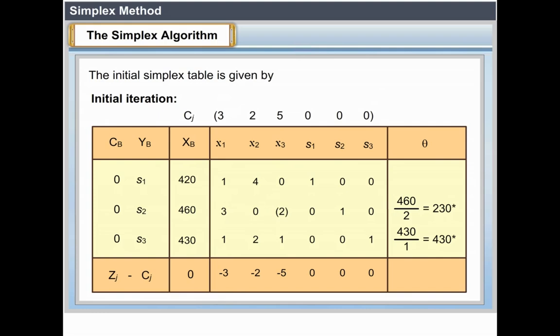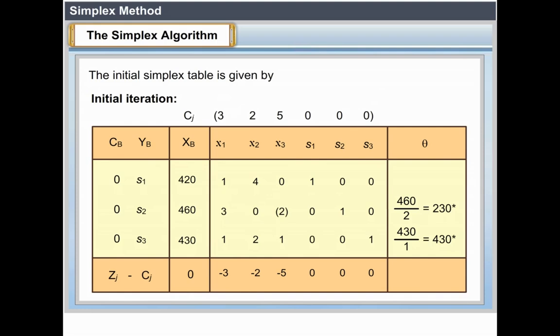0 for CB, S1 for YB, 420 for XB, 1 for X1, 4 for X2, 0 for X3, 1 for S1, 0 for S2, 0 for S3. And then second row, 0 for CB, S2 for YB, 460 for XB, 3 for X1, 0 for X2, 2 for X3, 0 for S1, 1 for S2, 0 for S3.